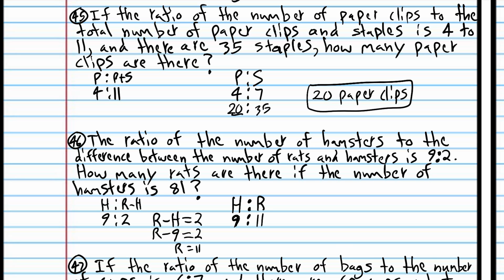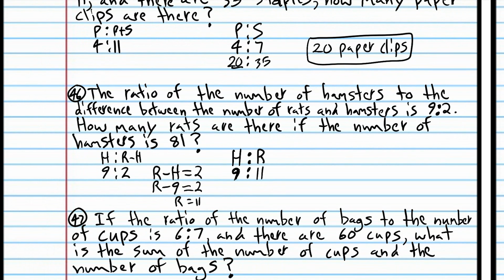So now we know the ratio of the number of hamsters to the number of rats is 9 to 11. So now we can solve the problem. We know that the number of hamsters is 81. So we have to figure out this number. In order to get 81, we had to multiply 9 by 9. So we have to multiply 11 by 9 also, and we get 99 rats.